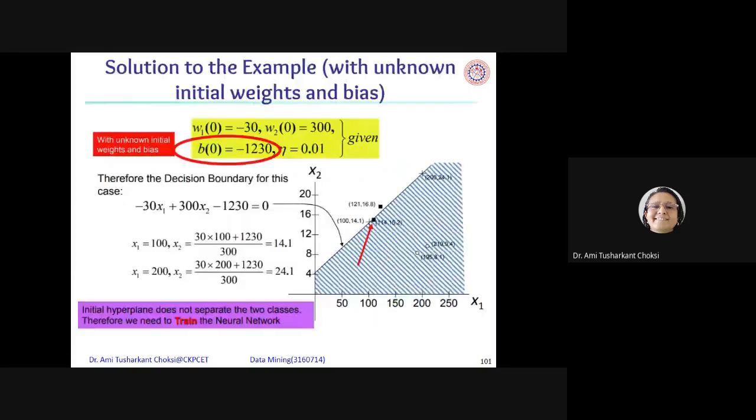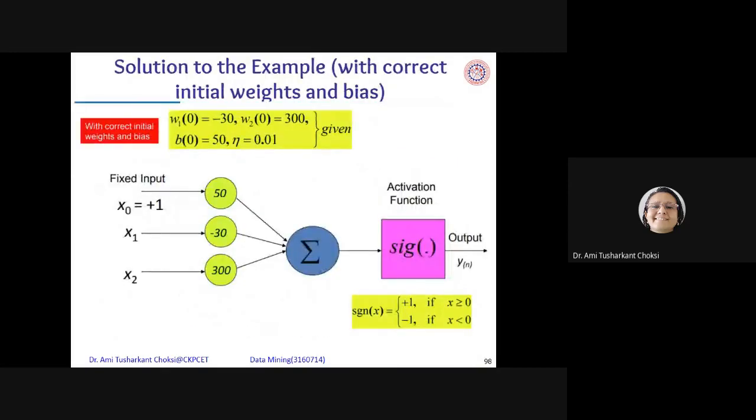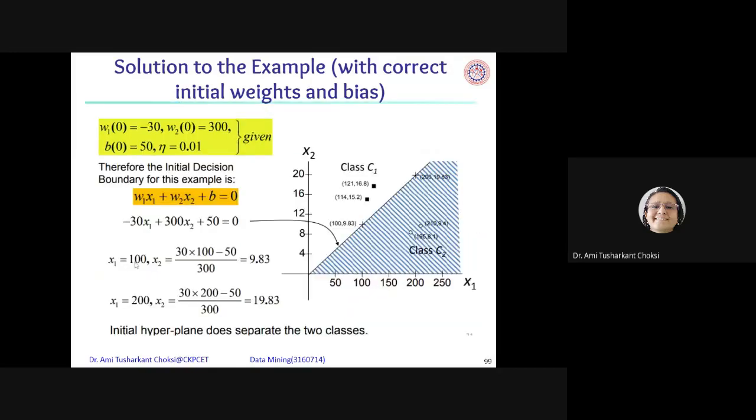Let me once again show you the things. When the correct weights are given, we can directly take w1x1 plus w2x2 plus b is equal to 0. For x1 we take values like 100 and 200 and find the value of x2. We should check whether they are linearly separable or not.